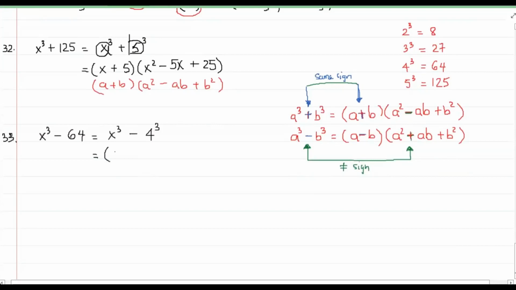Now, a is x and b is 4, so that will be x minus 4, the same sign, multiplied by x squared. Now, opposite, so it will be positive 4x, a times b, x times 4, 4x, plus 4 squared, 16.